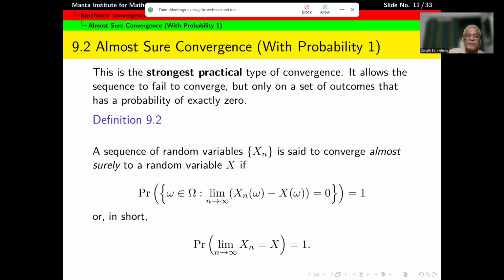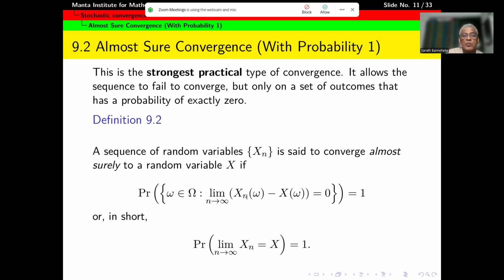Let's consider X_n(omega) minus X(omega) equal to 0. So find all the omegas in the sample space capital Omega such that X_n(omega) minus X(omega) as n goes to infinity equals 0. For example, there is some omega_1.